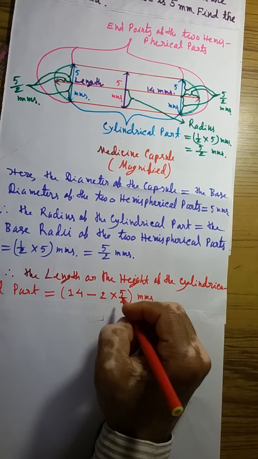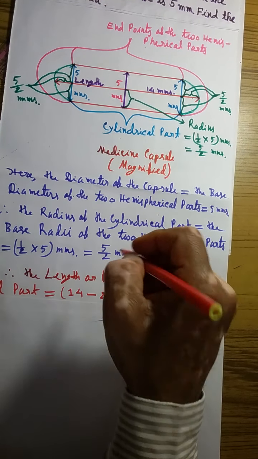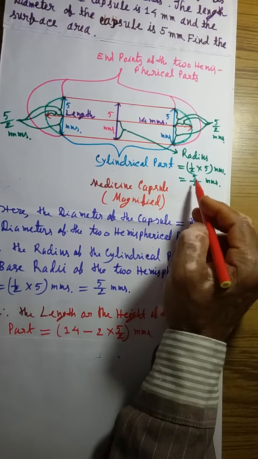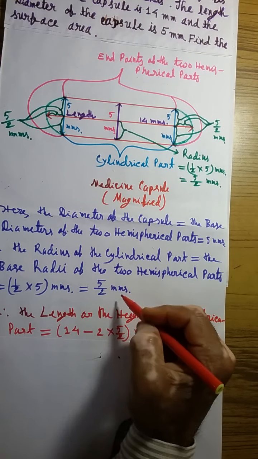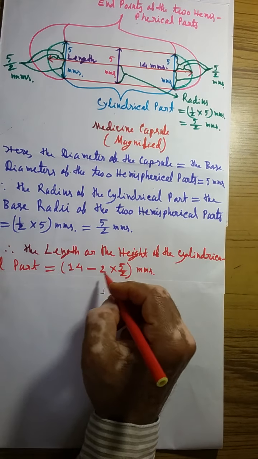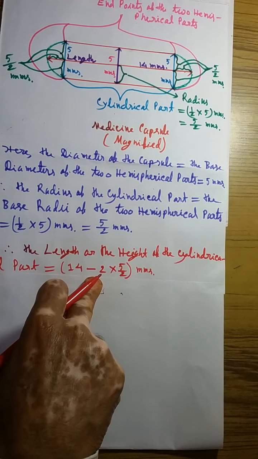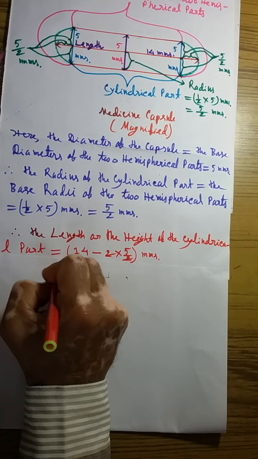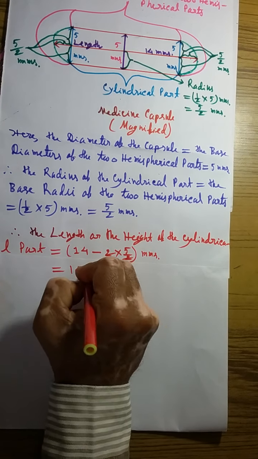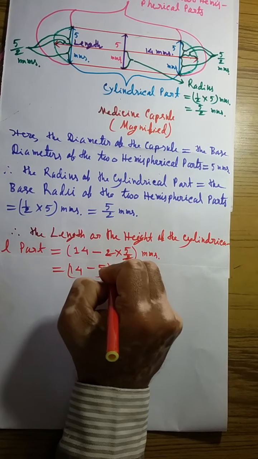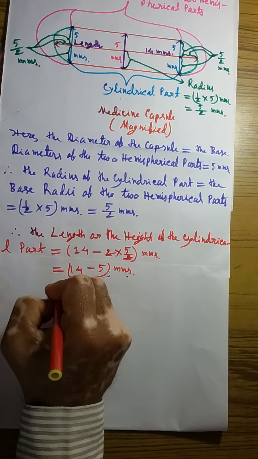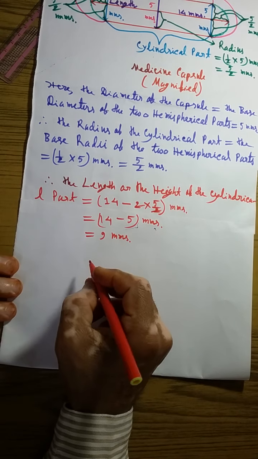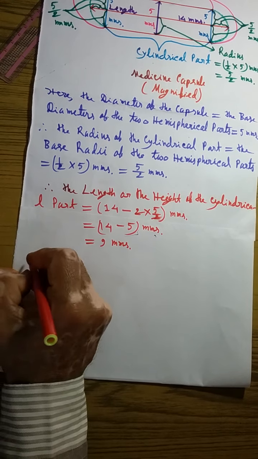We have two hemispherical parts, so I have written 2 here, and the radii of the two hemispherical parts is 5 by 2 millimeters. So we have to deduct 2 into 5 by 2 from 14, which is equal to 14 minus 5 millimeters, which is equal to 9 millimeters. After this, let us proceed in this way.